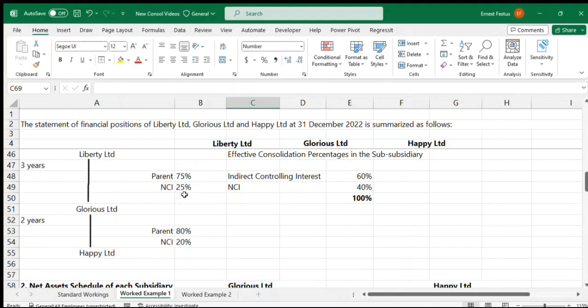And so the non-controlling interest, what we do not control in the subsidiary, or what the parent does not control, which is the non-controlling interest in the subsidiary, is what we are not controlling in the subsidiary as well. So we are coming to use this particular percentage, which is the non-controlling interest in the subsidiary, as the non-controlling interest from the perspective of the parent in the subsidiary.